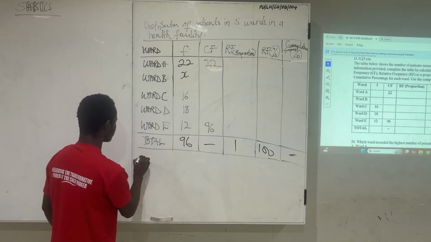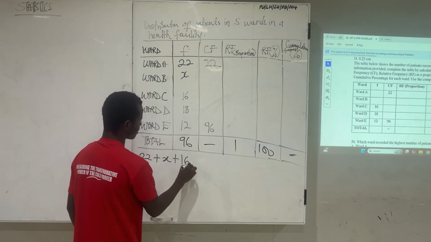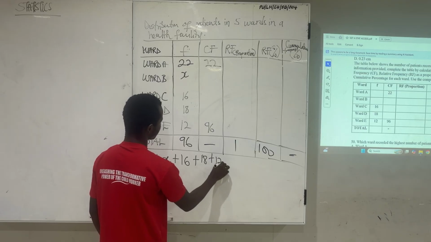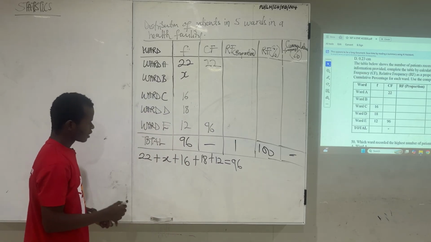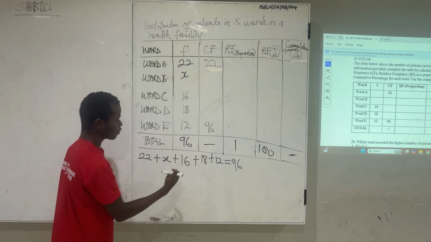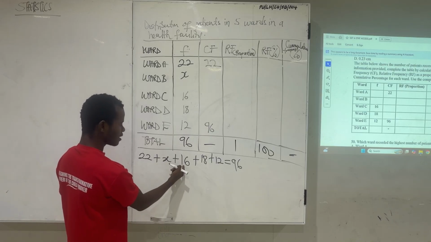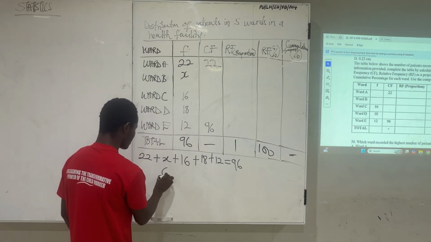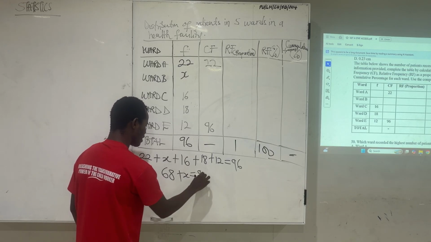Now we will get 22 plus x plus 16 plus 18 plus 12, which is equal to 96. Now we can add the 22, 16, 18, and 12, which is 68, plus x equal to 96.